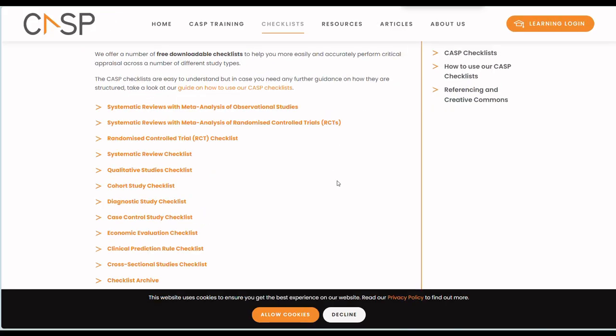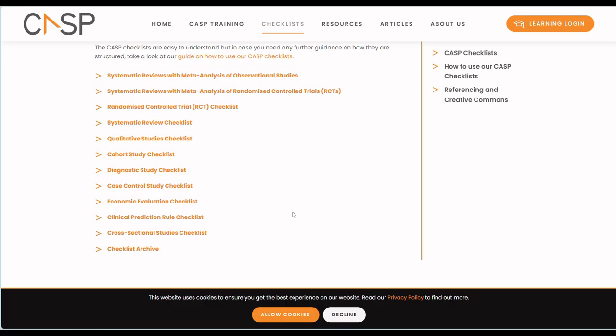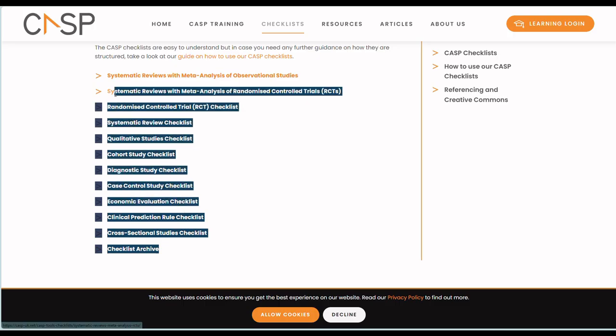As you can see on the screen, they have systematic review with meta-analysis of observational studies, systematic review with meta-analysis of randomized control trial, and all that, up until cross-sectional studies, clinical studies, economic evaluation checklist for those who are in economics or business or management studies, case control, diagnostic, cohort, qualitative studies, systematic review. They are all covered.